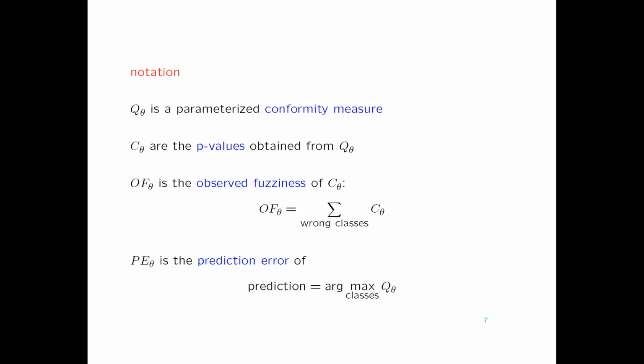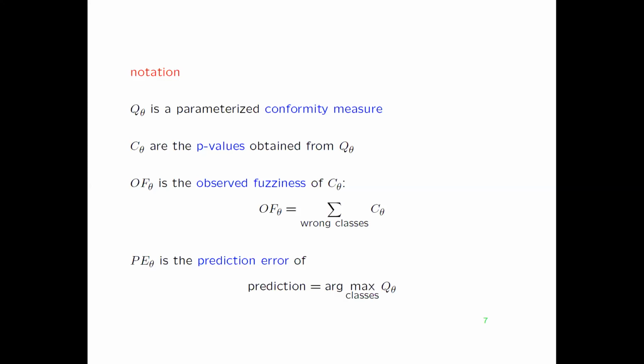We compute p-values from the conformity measure, and we can compute observed fuzziness given the p-values. And we can also compute pointwise prediction given the conformity measure as defined here. So we pick the max of the conformity measure. And as I said before, observed fuzziness is just the sum of the p-values of the wrong classes.